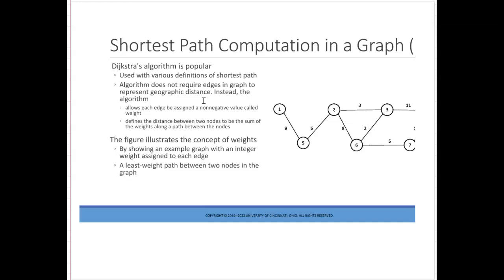The figure illustrates the concept of weights by showing an example graph with an integer weight assigned to each edge and a least weight path between two nodes in the graph. Because it uses weights on links when computing shortest paths, Dijkstra's algorithm can be used with measures other than geographic distance.